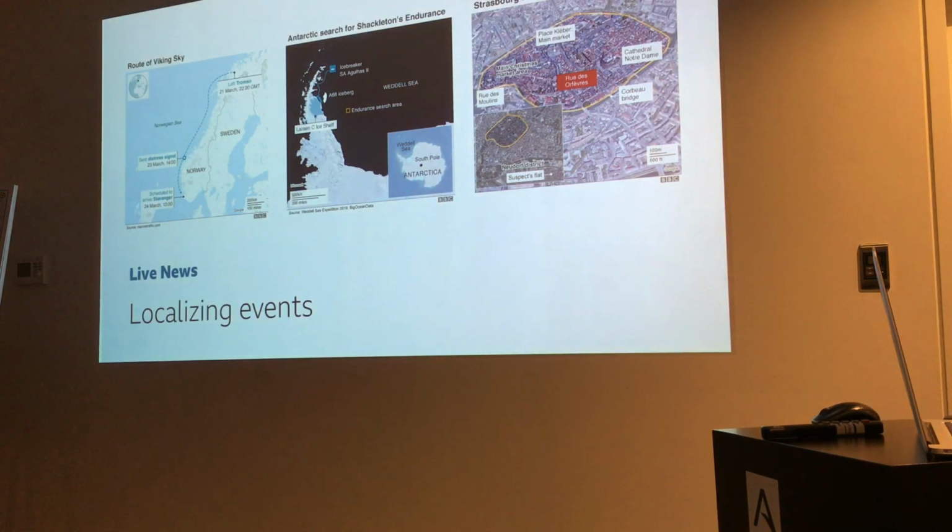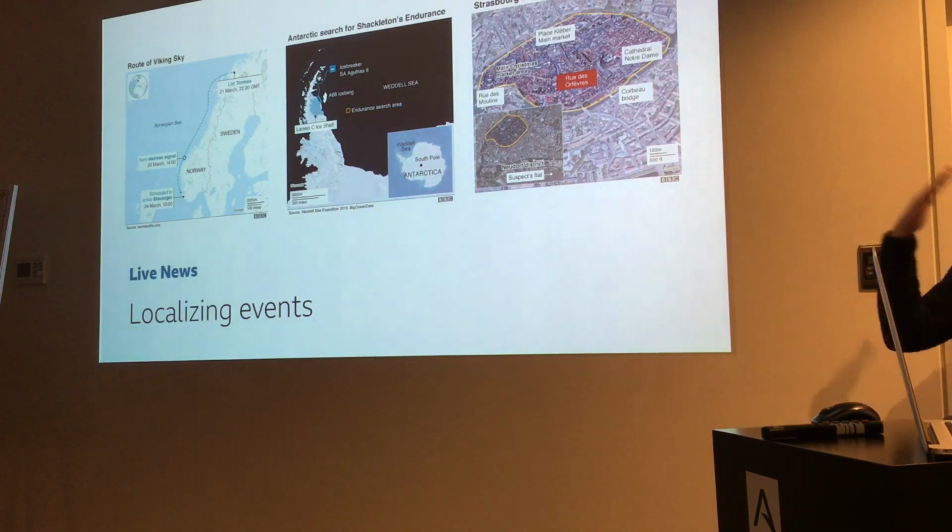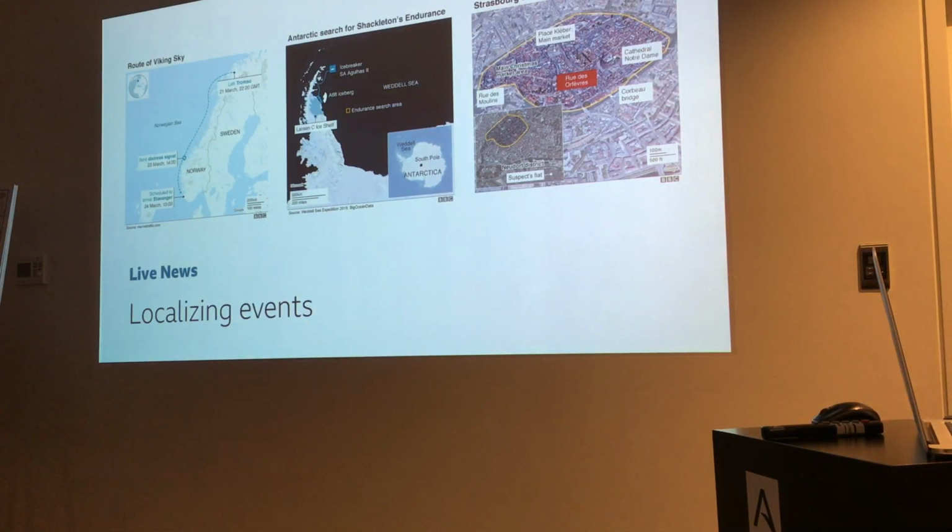When you do live news, most of what you do is maps, because when something happens, the first thing you want to know is where it happened. Whether it's a ferry sinking in Norway, the melting of the Antarctic, or a terrorist attack, the first thing you need to do is a locator, and it tends to be done quite quickly. As the day goes by and you have more information, you keep adding layers to it.